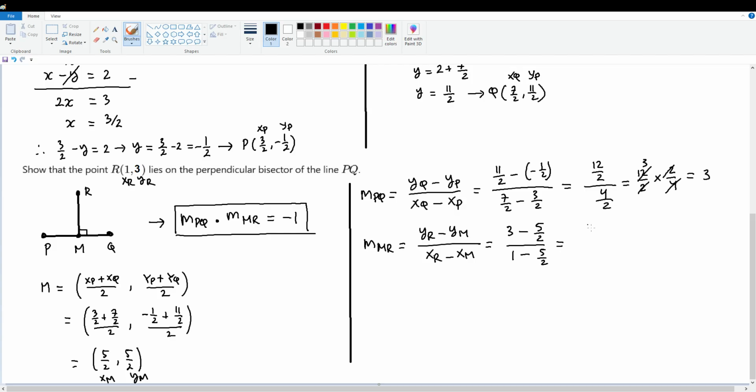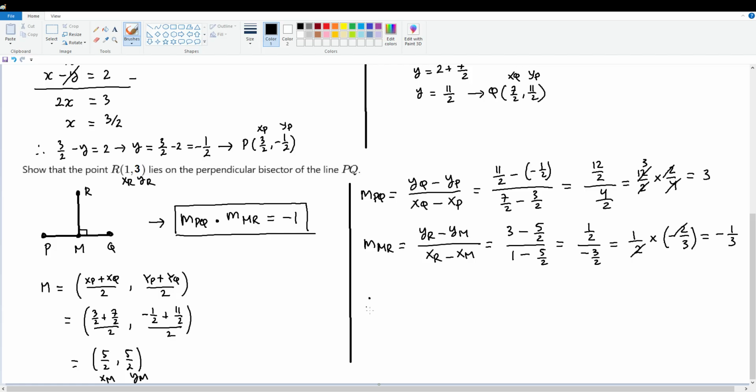Simplify this one, you will get 1 over 2 over, here we have 1 minus 5 over 2, that is 3 over 2 minus 5 over 2. Let me check it. Yes, we get minus 3 over 2. And if we simplify this one, we get 1 over 2 times minus 2 over 3. You can cancel out the 2 here, and then you get minus 1 over 3.